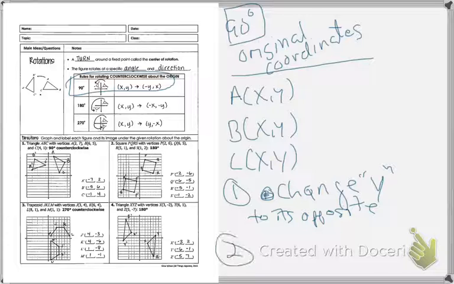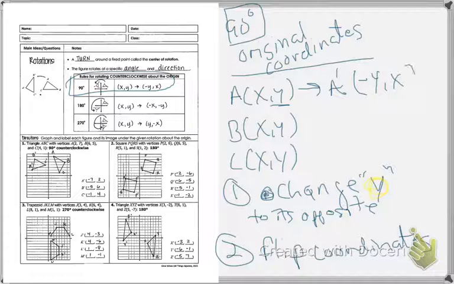And then the second and last step, flip coordinates. So this becomes A prime. So the first step is to change the y to its opposite. In this case, y is positive, so we change it to negative. And then we flip. So it becomes negative y, comma, x.